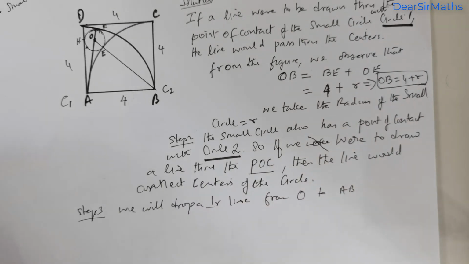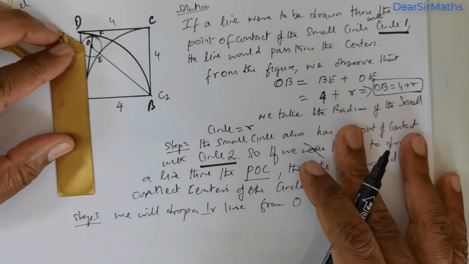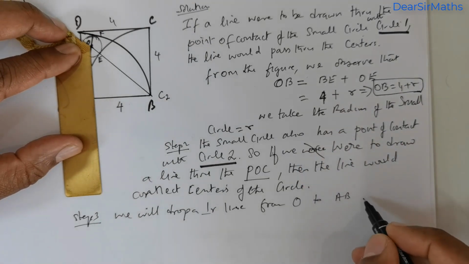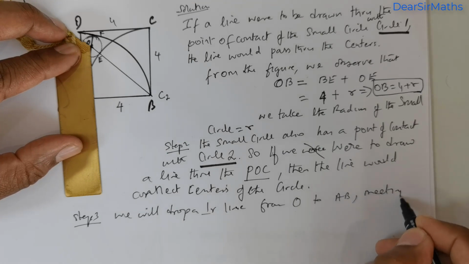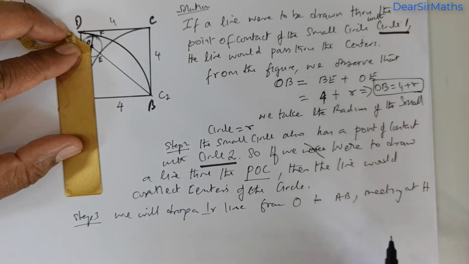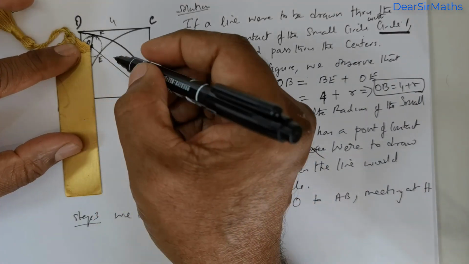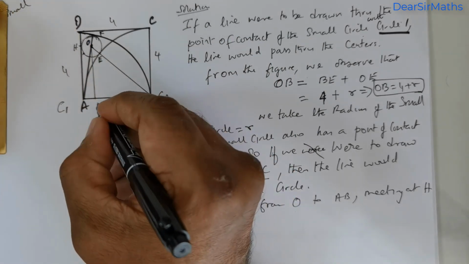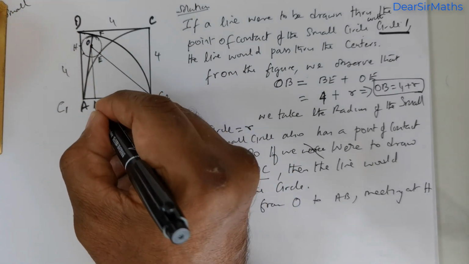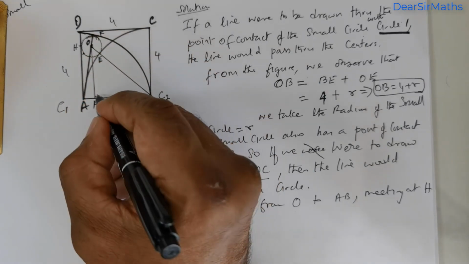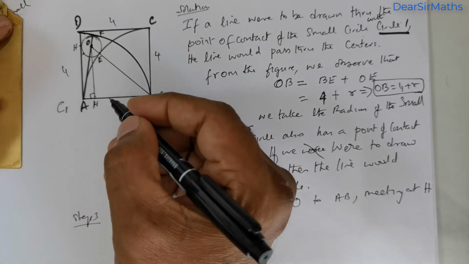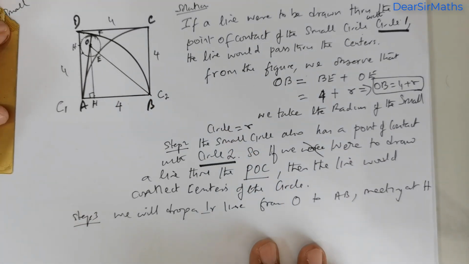If I were to drop a perpendicular line from O to AB meeting at H. So let me do that. So this is going to be H, a perpendicular drawn. So this is 90 and this side is also 90. Now the question is, what is AH?